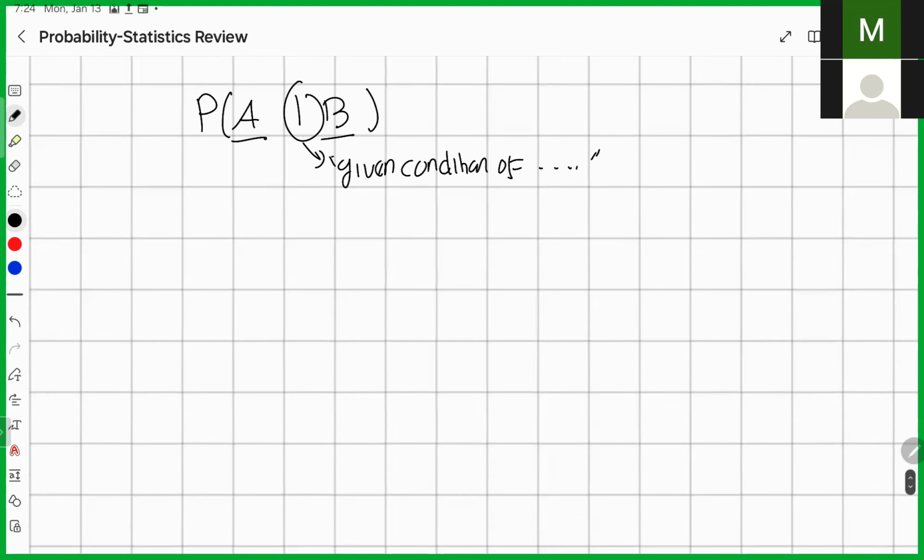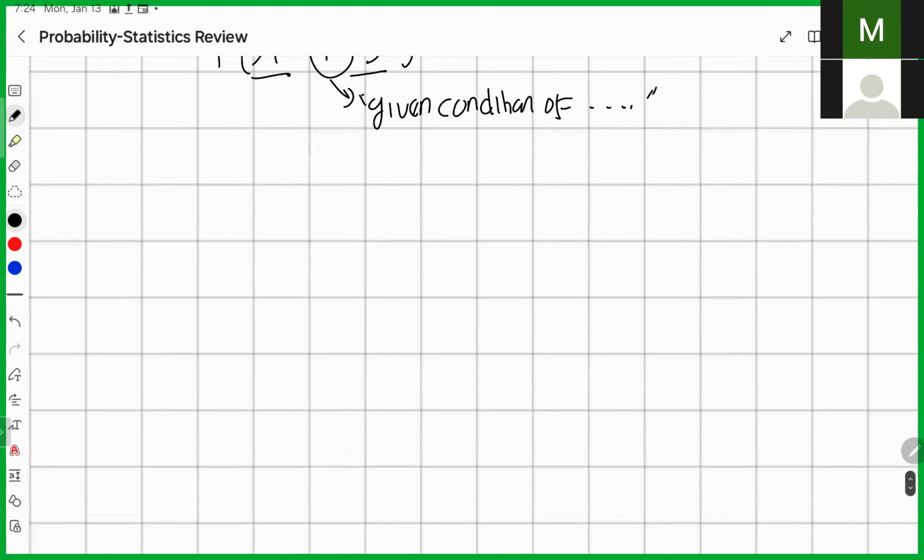Okay, so let's go back to the simplest coin example.